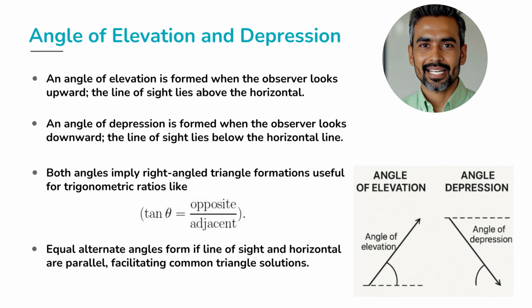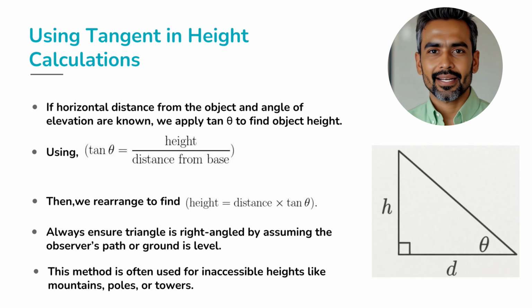This equality makes solving these triangles easier and more accurate. Imagine diagrams with labeled angles for elevation and depression. So when you see these angles, remember how the line of sight behaves, above or below horizontal, and you're already halfway through the problem.